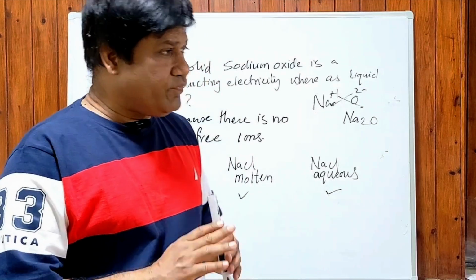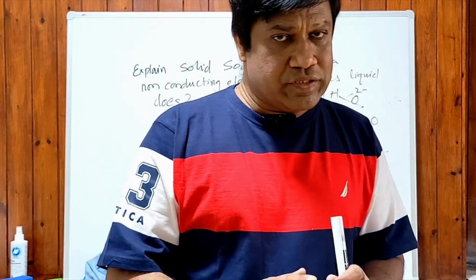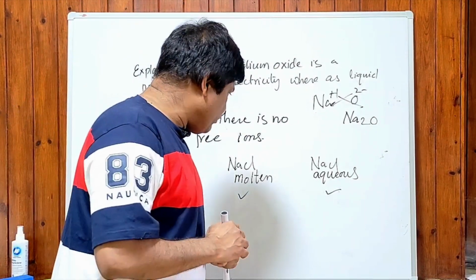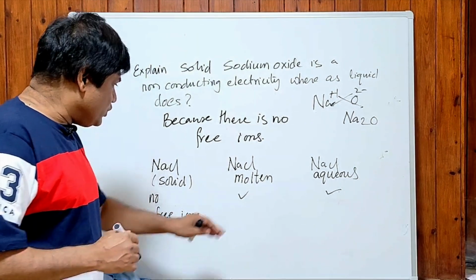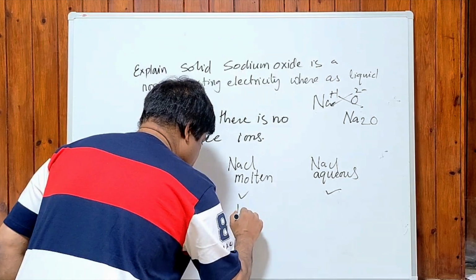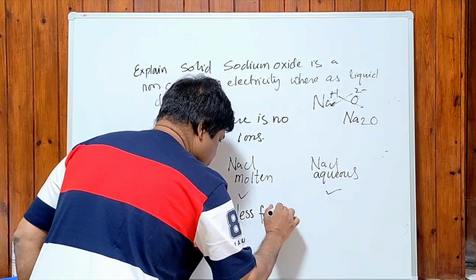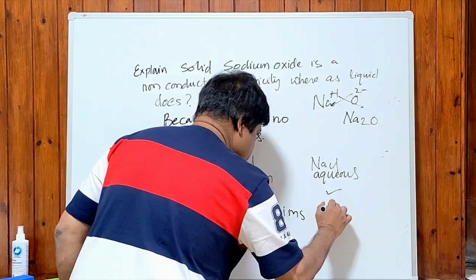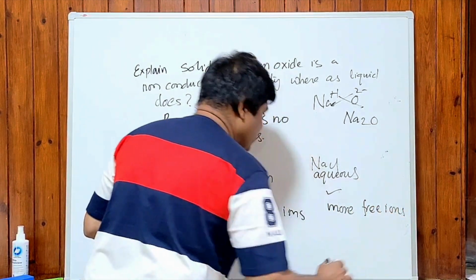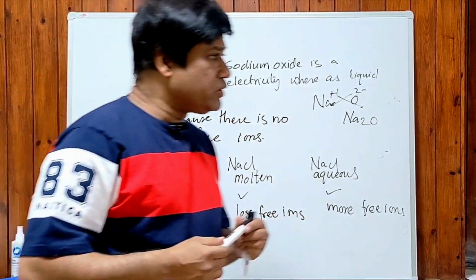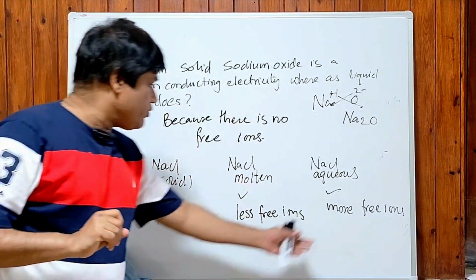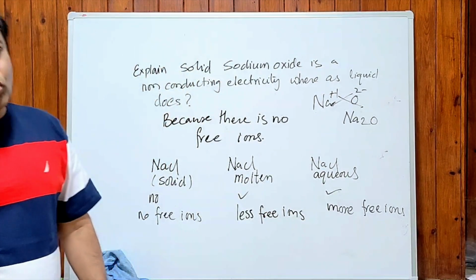I will make a separate video on electrolysis. So molten has fewer free ions, aqueous has more free ions. Some of my smart students asked, sir, which one conducts more electricity? Obviously the aqueous one, because it has more free ions.